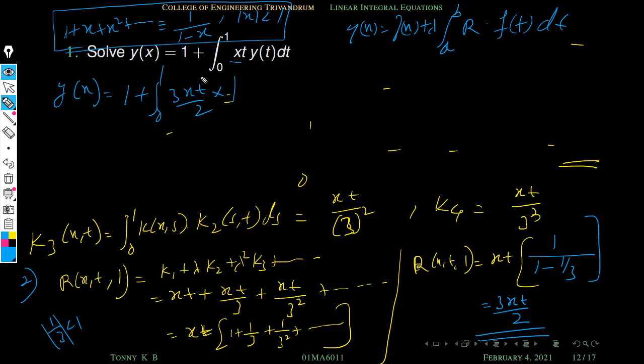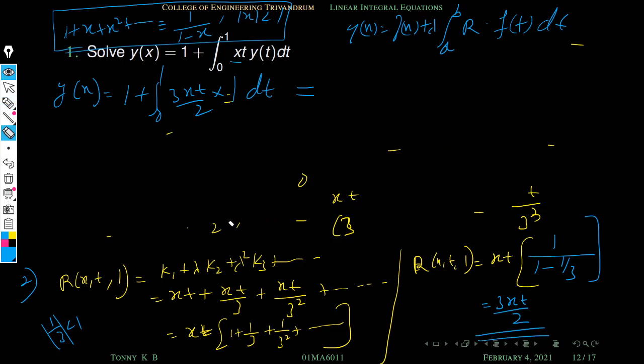Instead of k(x,t), we use R(x,t), which is 3xt by 2, and instead of y of t, we use f of t, which is 1, so this is 1 dt. Upon simplification, we get the final solution. What is the final solution? Please integrate this one. What is the final answer?